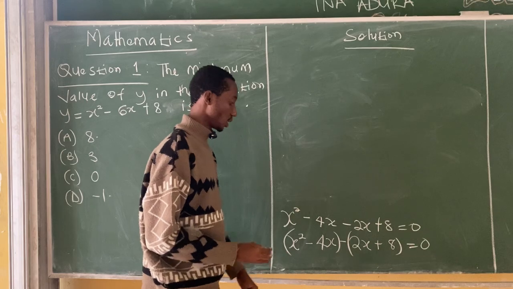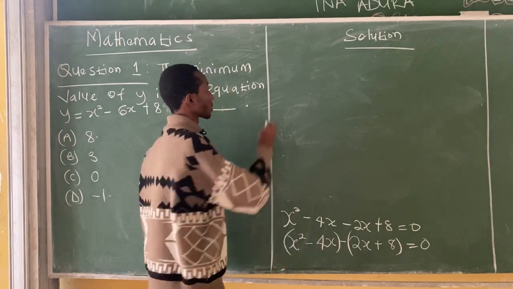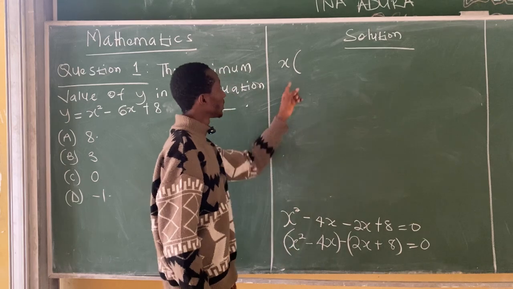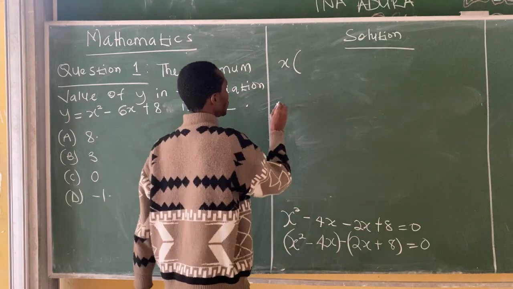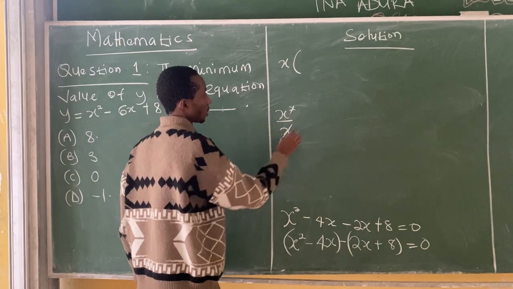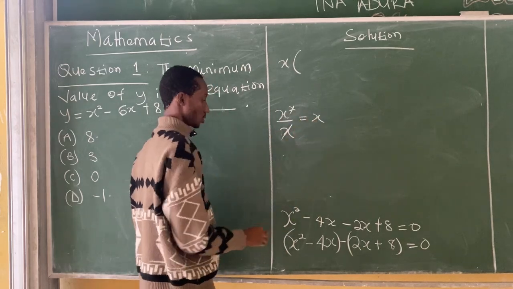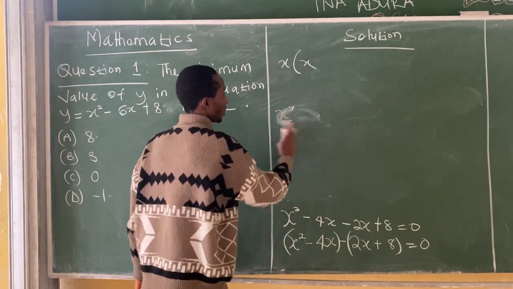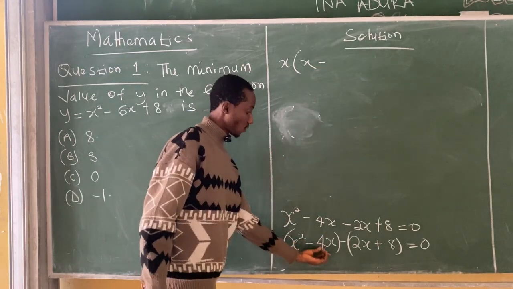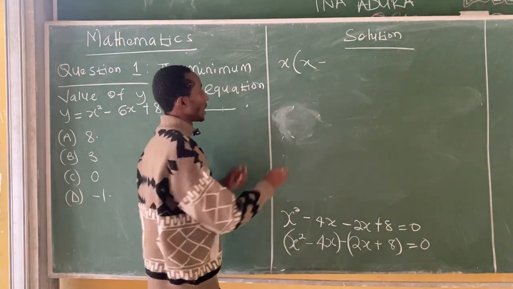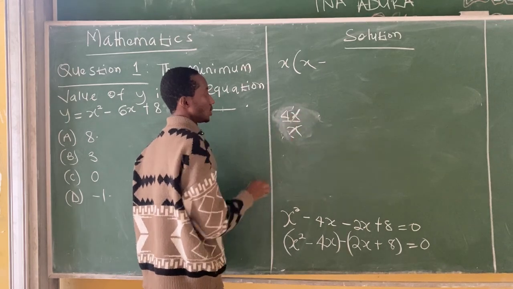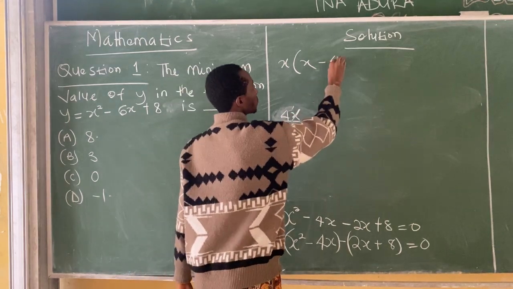There's something common here. What is common? X. We bring x outside the bracket. X squared divided by x is x. So we have x here. The next value we have is minus 4x divided by x. This will take away this. You are left with 4.